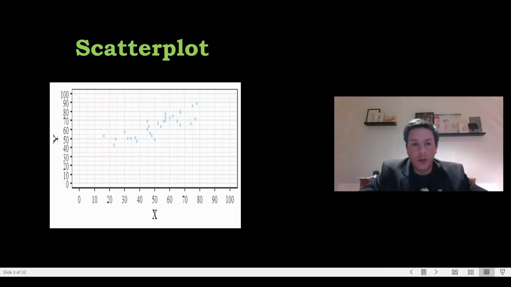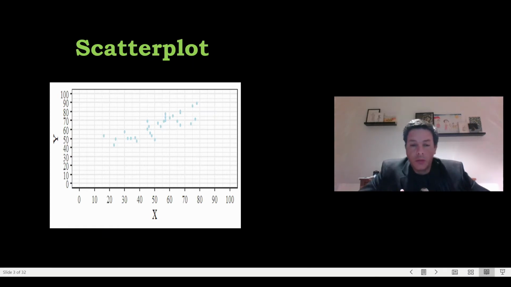The correlation is a measure of the strength of the relationship between two variables. It could be the same variable but measured twice in the same sample of people.